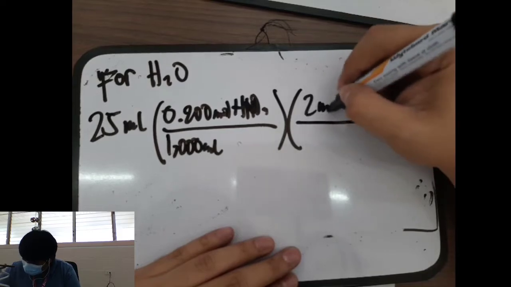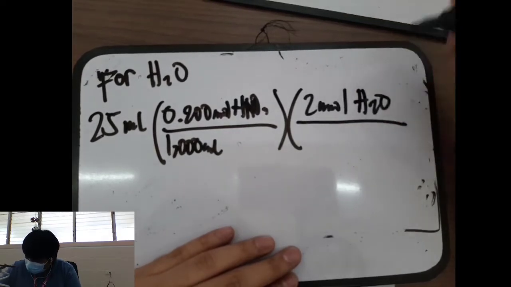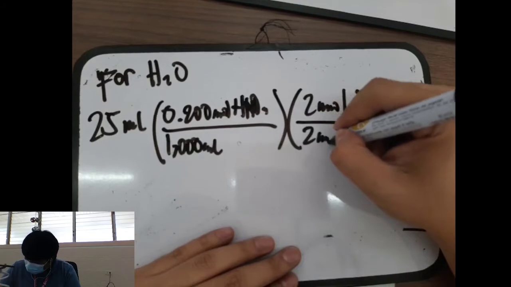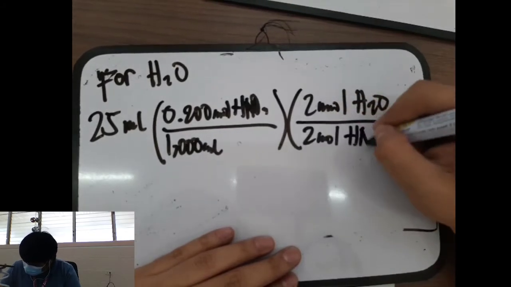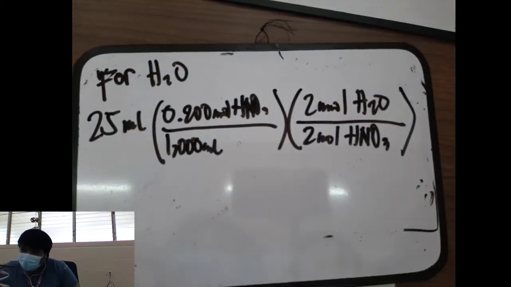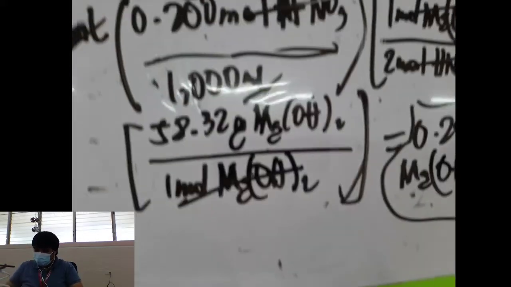So 2 moles of water per 2 moles of nitric acid. For the guidance of everyone, again, here is our balanced equation.